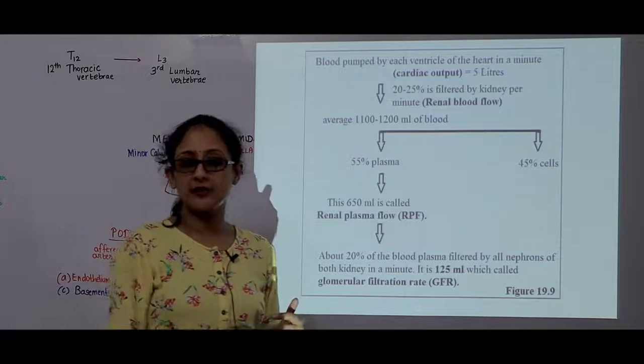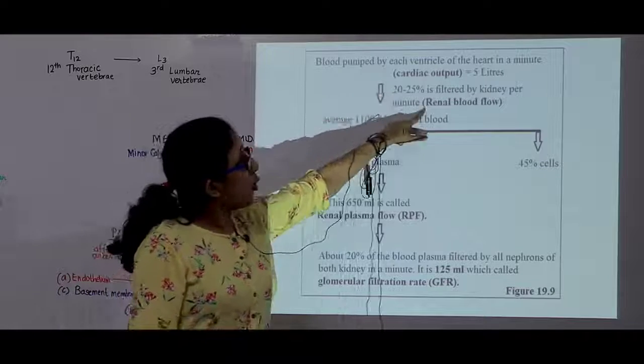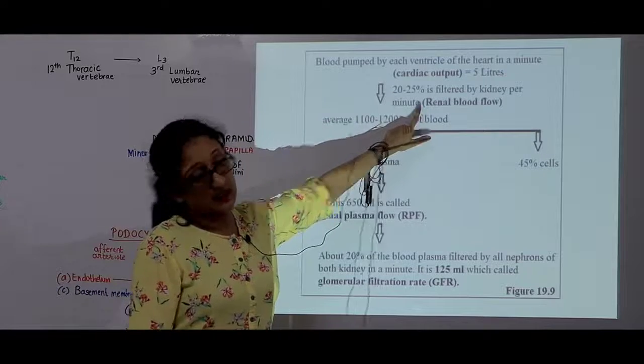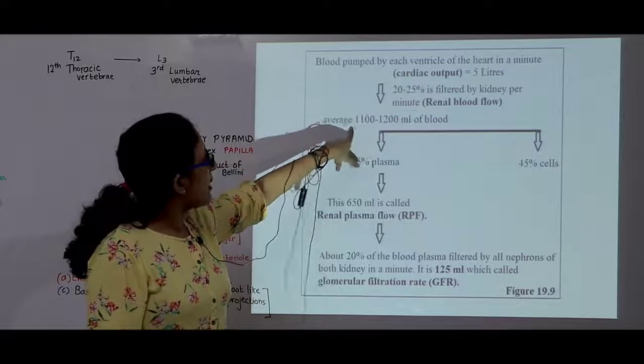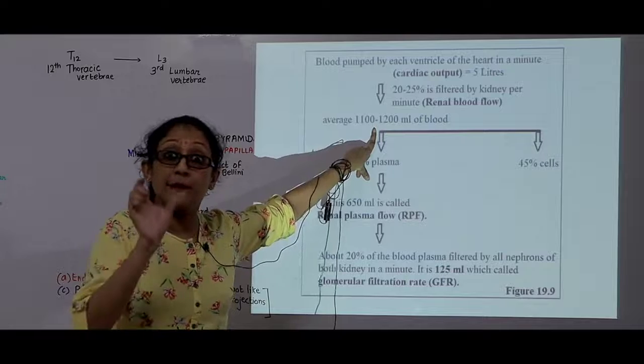From that 5 liters, around 20 to 25% go to the kidneys. That 20 to 25% means 1100 to 1200 ml of blood.